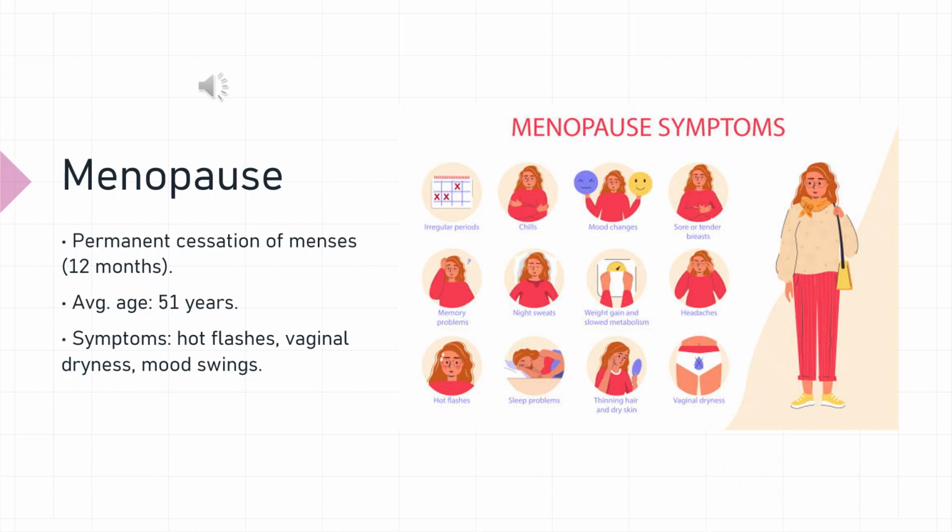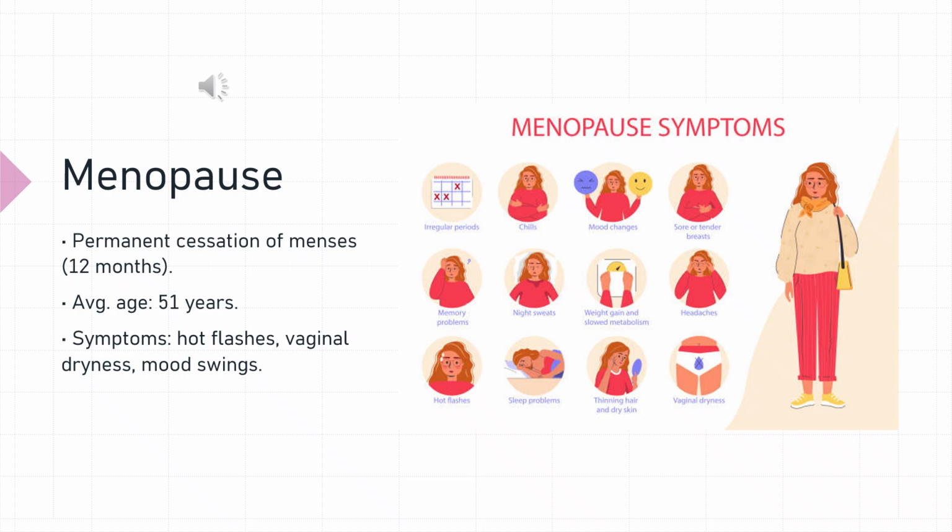During menopause, those ovaries stop releasing eggs, those estrogen and progesterone levels are very low, and those periods permanently stop. Then we have postmenopause. This begins after 12 months with no period, and this is where those risk factors due to low estrogen levels increase. So risk of osteoporosis, cardiovascular disease, and genitourinary syndrome occurs.